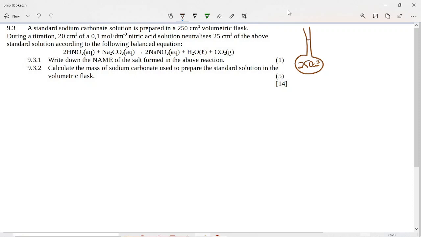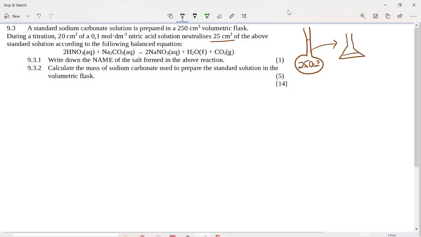Then it says to you, during titration, 20 cubic centimeters of 0.1 mole per cubic decimeter nitric acid solution neutralizes 25 cubic centimeters of the above standard solution. So what did you do here? You started out with 250 cubic centimeters, you put your pipette in, and you got this tiny little amount in your Erlenmeyer flask.